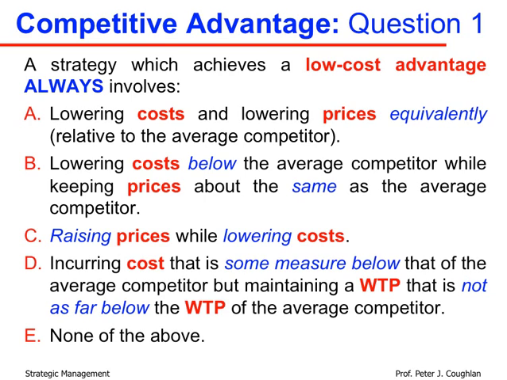A strategy which achieves a low cost advantage always involves, what about A? Lowering costs and lowering prices equivalently relative to the average competitor. So lowering costs and prices by the same amount: relative to the average competitor, if your costs are $1 lower, your prices are $1 lower. That's what it's saying.